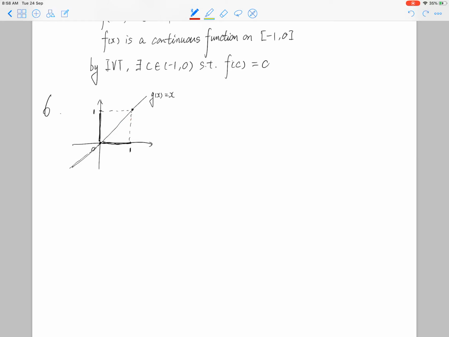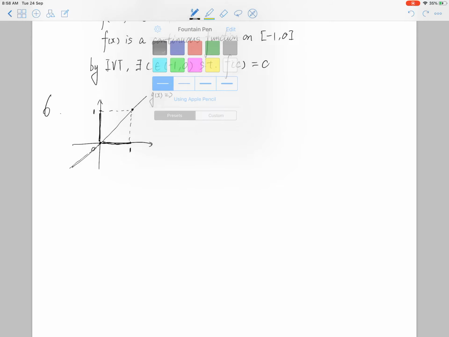If it starts from 0, it's definitely intersecting, because at this point it is already intersecting. If we draw some function like this, it's intersecting. If we draw some function like this, it's still intersecting. So no matter how we draw the function, these two functions are intersecting.